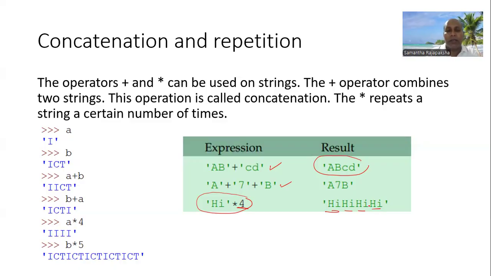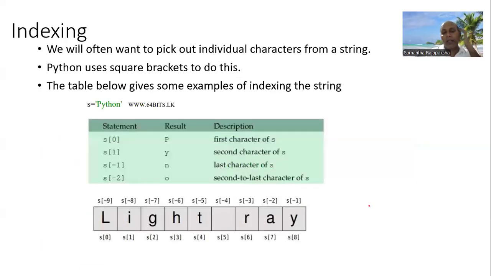Just keep in mind. Now this is one of the very important things, the index number. Once you save a string in a variable, here you can see this string we saved in a variable. In that case, you can assume we have an array and we store these values in this array.